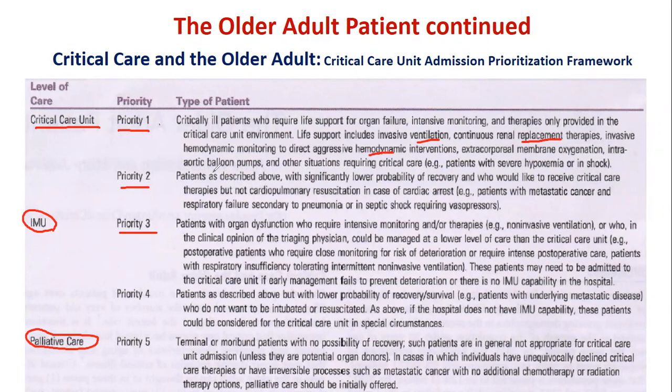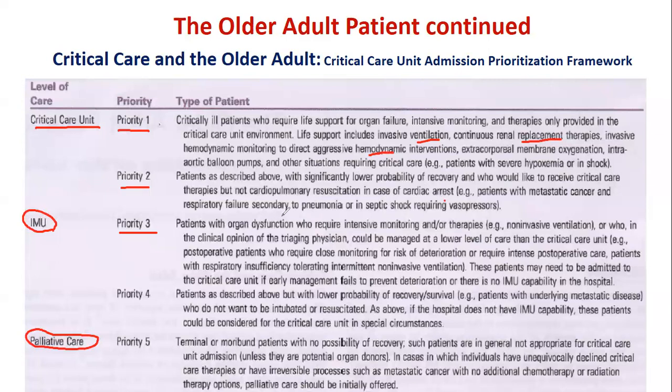Priority 2 is patients as described above with significantly lower probabilities of recovery and who would like to receive the critical care therapies, but not cardiopulmonary resuscitation in case of cardiac arrest. So who undergoes prioritization 3?